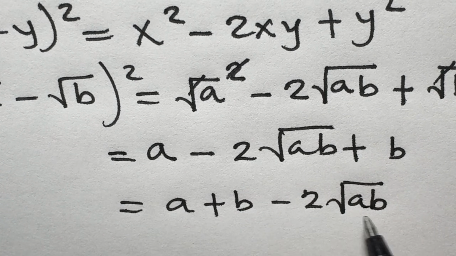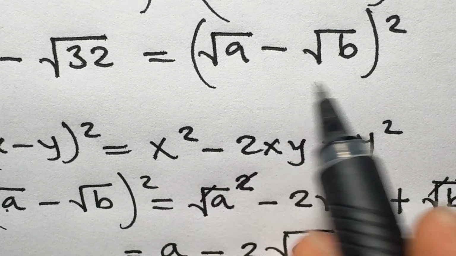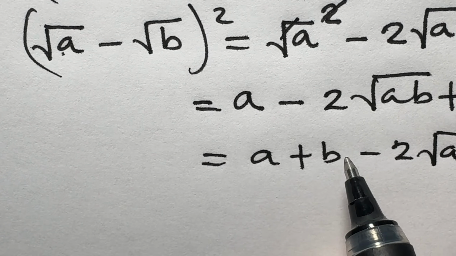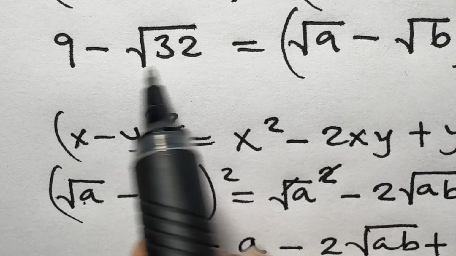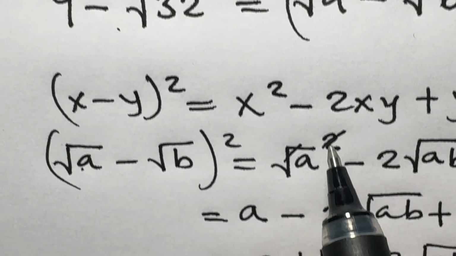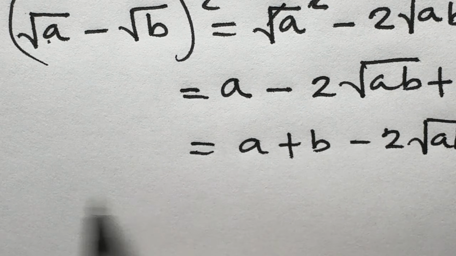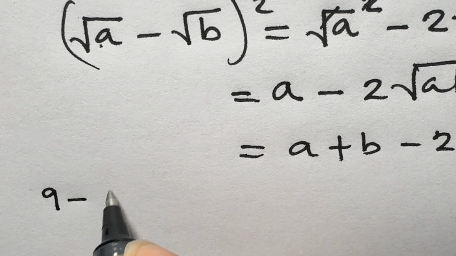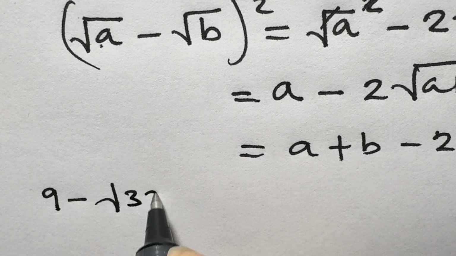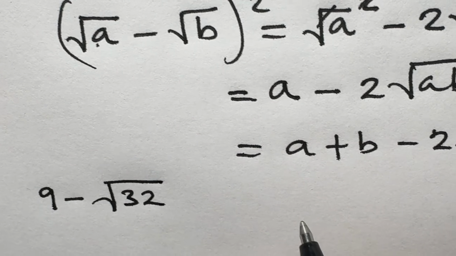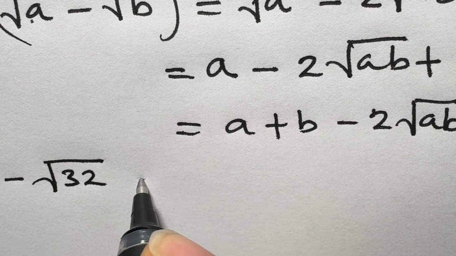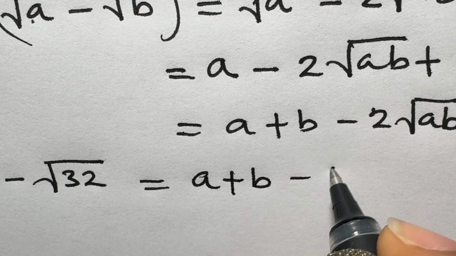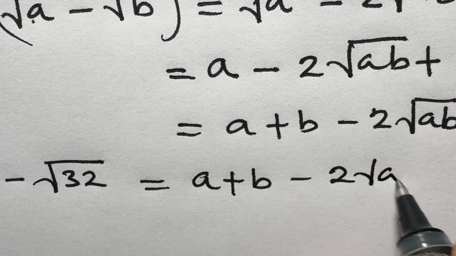So I'm going to replace this with what we just arrived at. That would then mean 9 minus root 32 is now equal to a plus b minus 2 root ab.